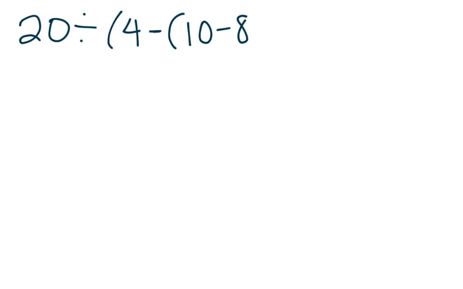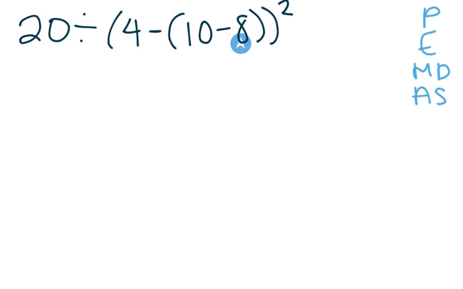Okay. All right. Let's go ahead and look at number 6. Number 6 reads 20 divided by 4 minus 10 minus 8 squared. All right, so if you see here, okay, we'll write our PEMDAS over here in the corner. All right, if you see, there's parentheses inside of parentheses and then an exponent. Solve the inside group of parentheses first, then the outside, then the exponent.